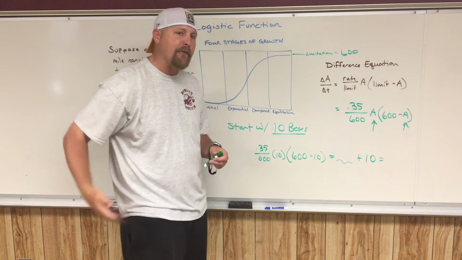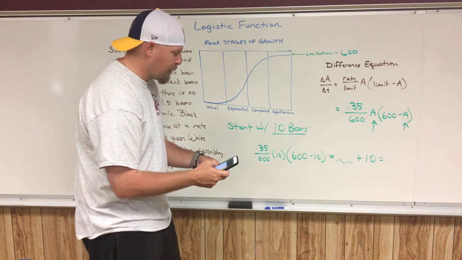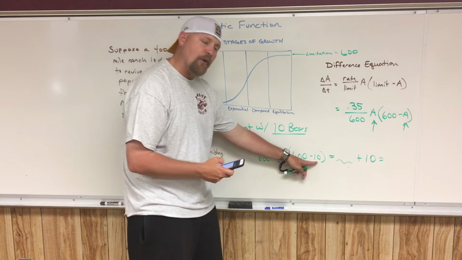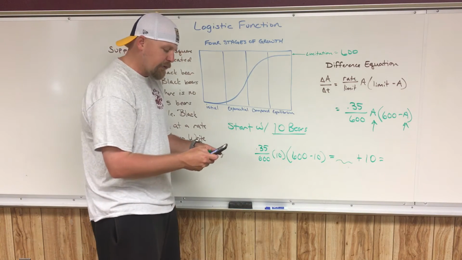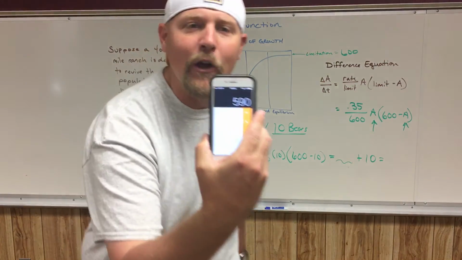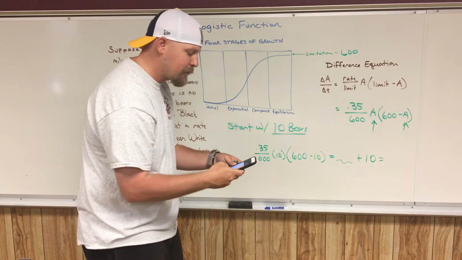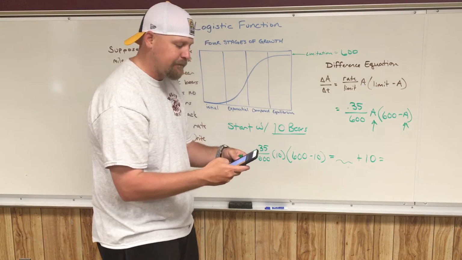So I'm going to go ahead and take out my cell phone, and I'm going to calculate what this is. It's very simple. I'm going to just do each one of these in order. I'm going to subtract this first because it's in parentheses, and that is what order of operations tells us to do. So 600 minus 10 is 590. In case you don't know, it's 590. Okay, then we're going to multiply by 10, and then multiply by 0.35, and then divide by 600.